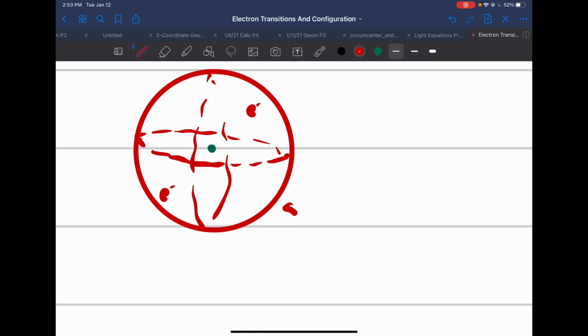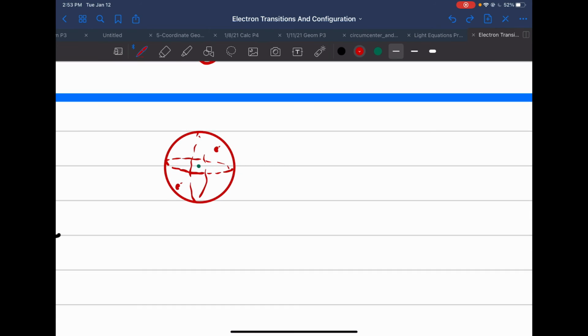That means there's a 5% probability that the electron may be outside of this sphere, although it gets a lot smaller as we increase the distance away from the sphere. But there's a 95% chance you're going to find that electron in that sphere of influence. Again, you don't need to know those probability numbers. So this is an s orbital.